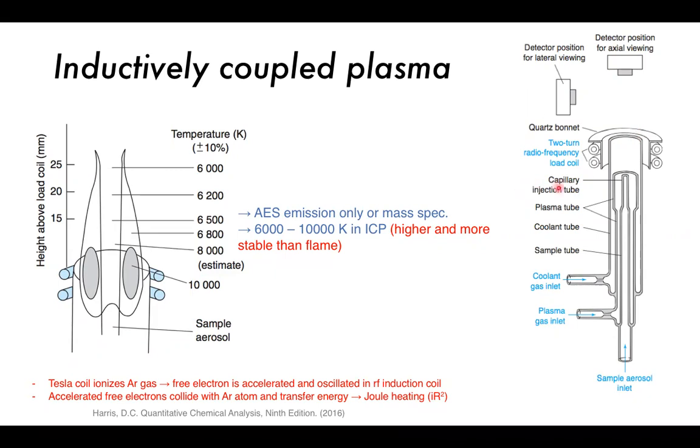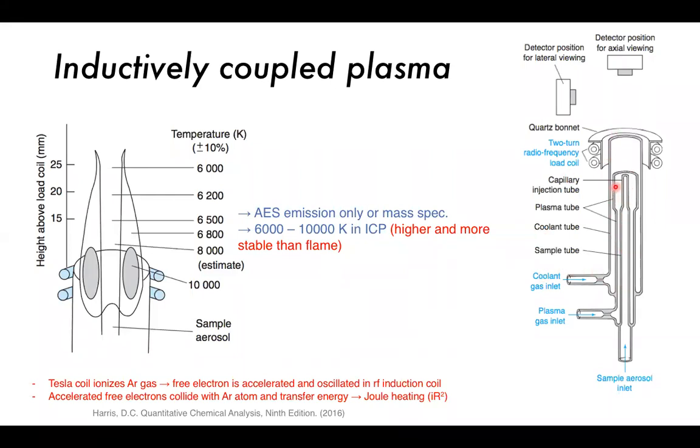Then inside here we have the sample aerosol inlet. It's kind of pulled through in the same way as the flames. They're all kind of nebulized and mixed here just before the radio frequency load coil. The plasma gas comes in through here. The coolant gas comes in through here, so we don't reach too high a temperature and destroy the whole thing. Sample tube is this one.